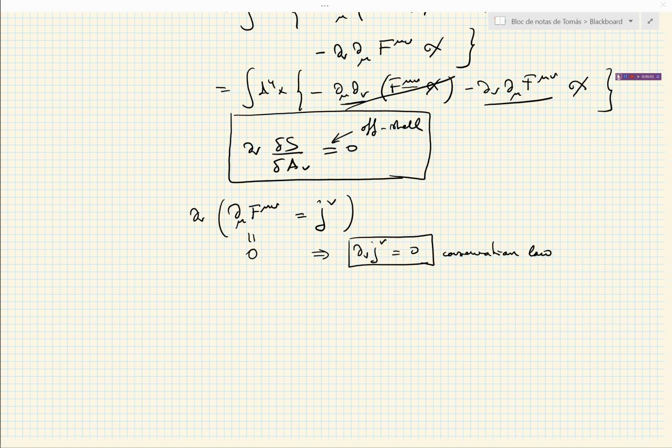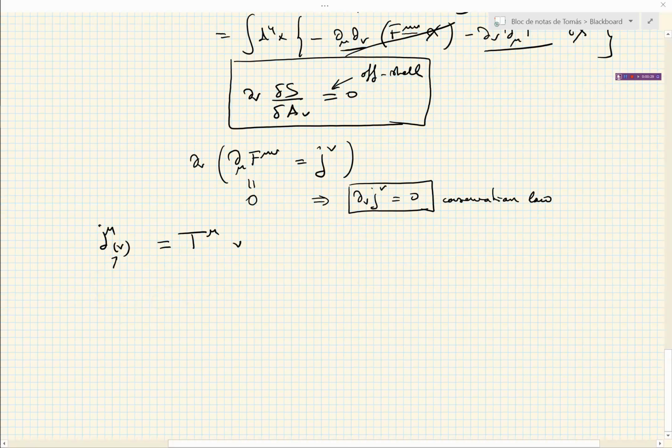Let us now consider the consequences of the invariance under Poincaré transformations. We will just focus on translations, space-time translations, and we know that one should get a set of currents labeled by the index of the different parameters of the space-time translations, and that this set of currents corresponds to the energy momentum tensor.